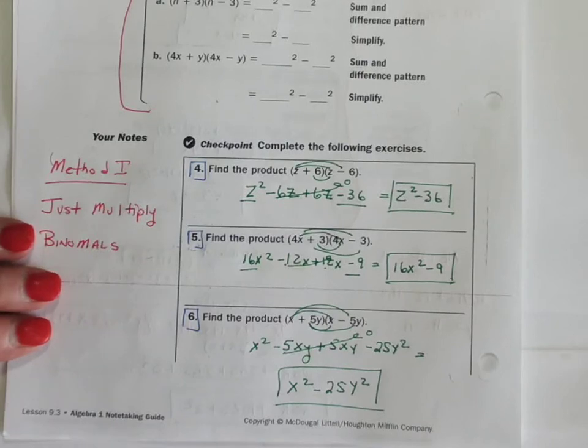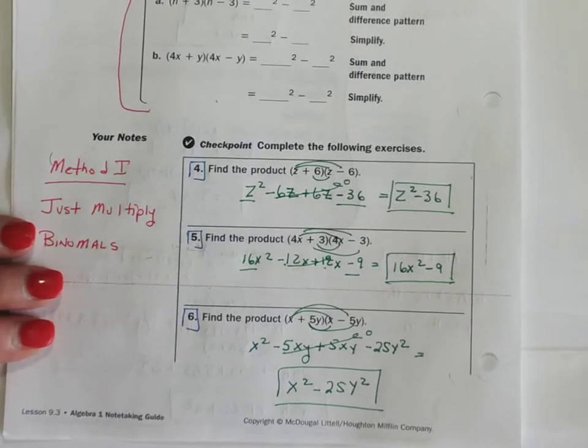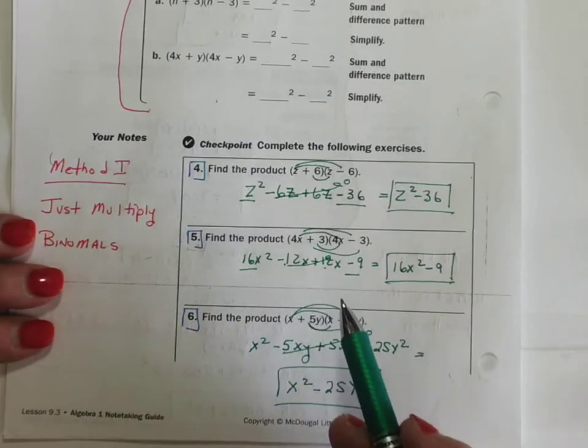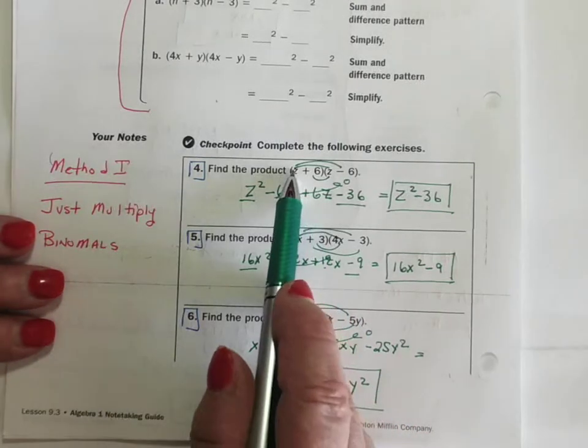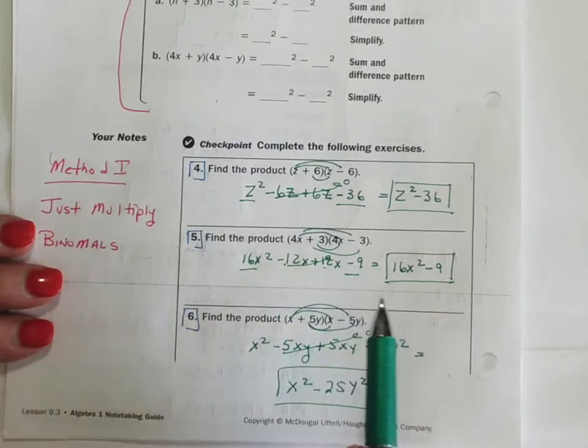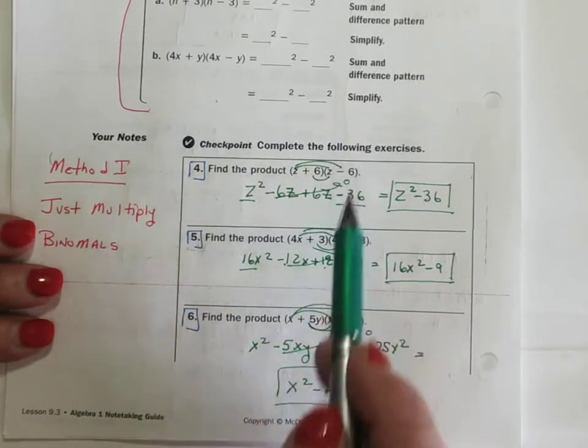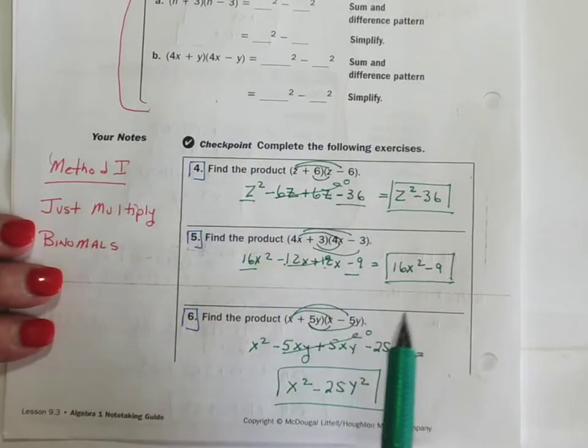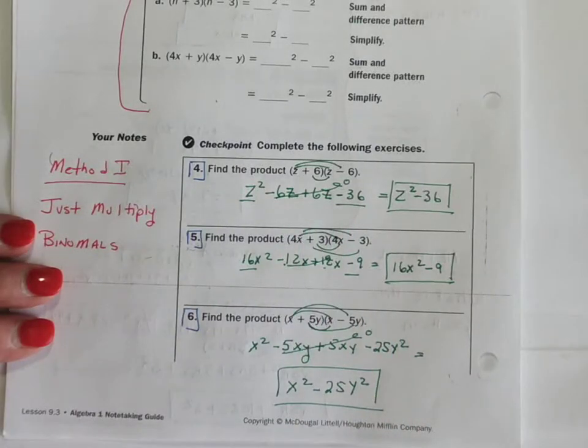All right? So are you noticing a pattern here? Notice that in every one of these examples, you have the same first term and you have the same last term, and the signs are opposites.